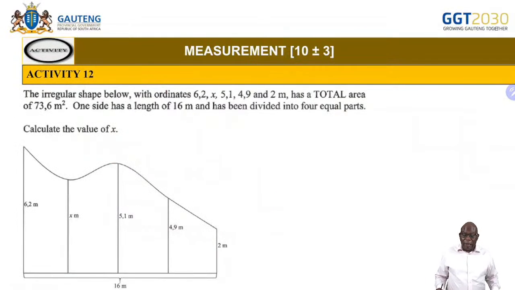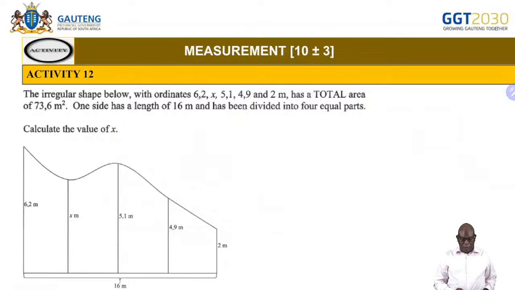Okay, the last question that I'm going to do now is on the area. That is the one that I'm talking about in terms of the two formulae that we need to use. We need to read the question also. Now the question says the irregular shape. Remember, this is the area of the irregular shape.